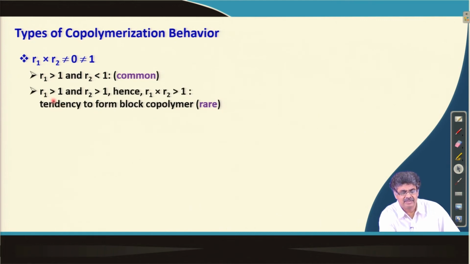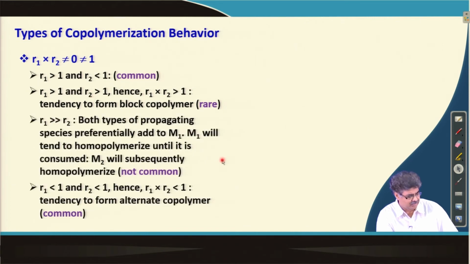The second option would be both are greater than 1, which is rare and does not happen very frequently. This means the tendency of self polymerization is more, which means there will be a tendency of block copolymer formation. The segments of blocks in the copolymers will be longer if we have both R1 and R2 greater than 1.